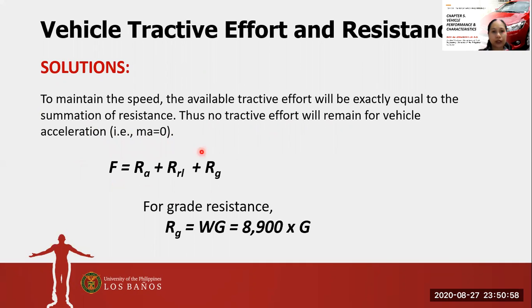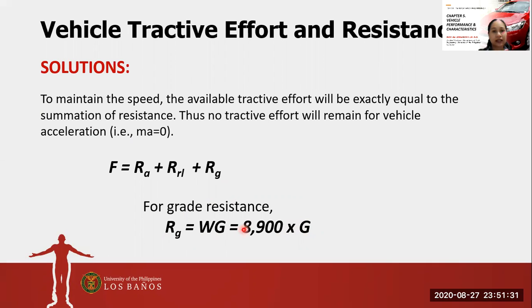Therefore, our equation becomes F is equal to the resistance that include the aerodynamic resistance, the rolling resistance, and the grade resistance. It is in this term, Rg, where we can have the grade, the G, which we are looking for. So our formula for Rg from our previous slides is equal to the weight of the vehicle times G.